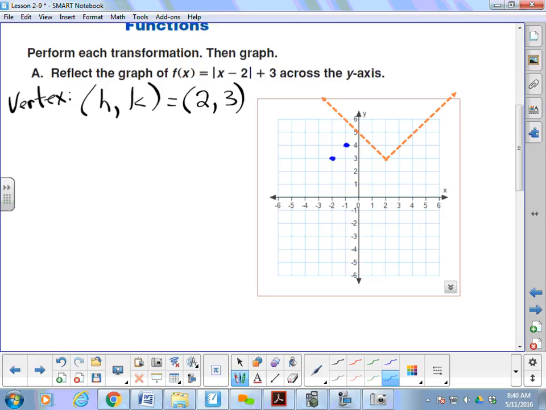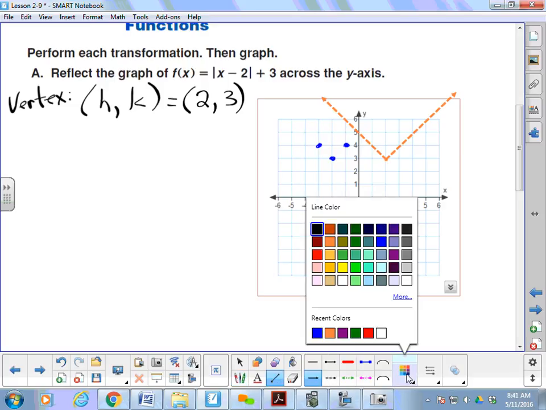The point here at 3, 4 will be at negative 3, 4. Once I have my vertex and a point on each side of the vertex, then I can go ahead and draw my graph.